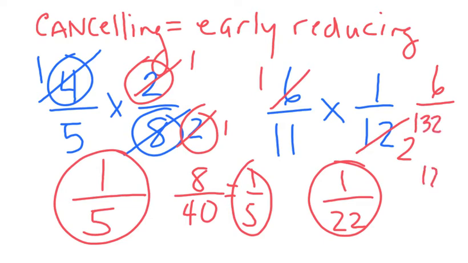Might have to multiply that and see. Let's see, that's a 2 and that's a 1. And that's a 1, 2, 0. Yeah, 132, that's right. So you would get 6 over 132, and that would reduce to 1 over 22. So canceling is early reducing.